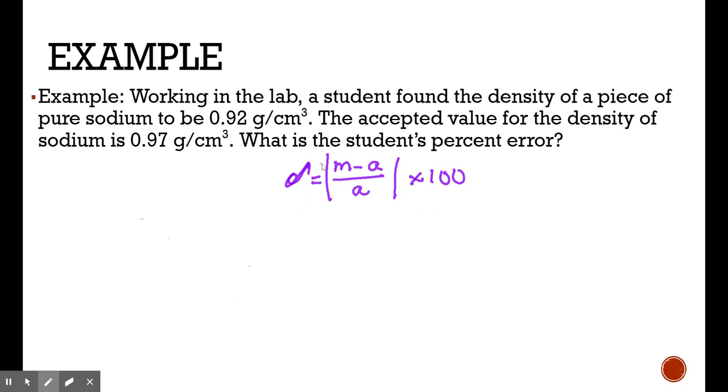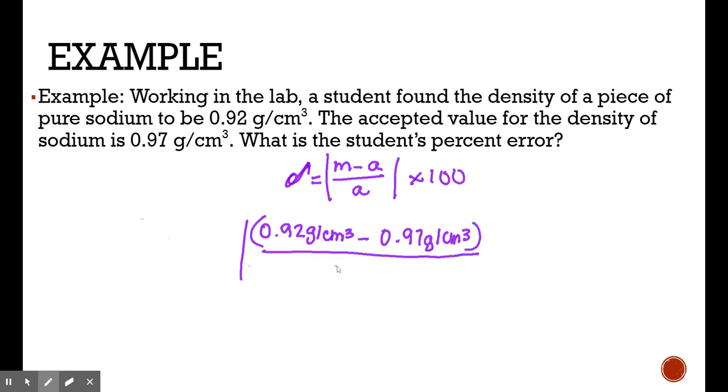Filling in my equation, I have the measured, which is 0.92 grams per centimeter cubed, minus the accepted value, 0.97 grams per centimeter cubed. Then I'm going to divide again by our accepted, 0.97 grams per centimeter cubed. And finally, multiply by 100.